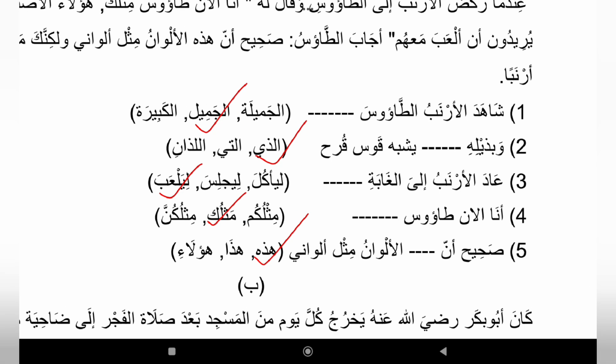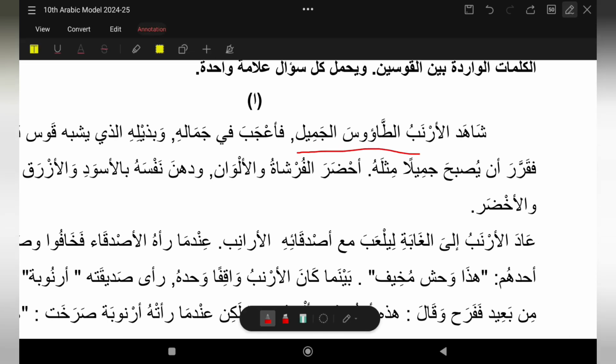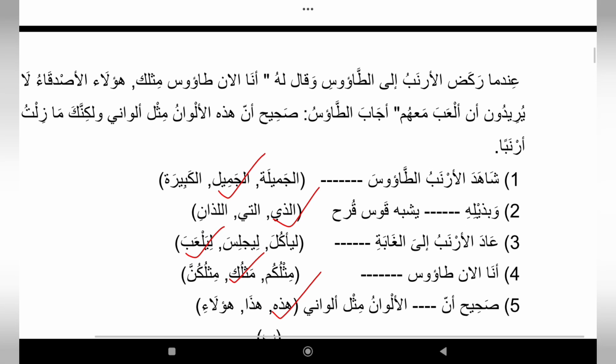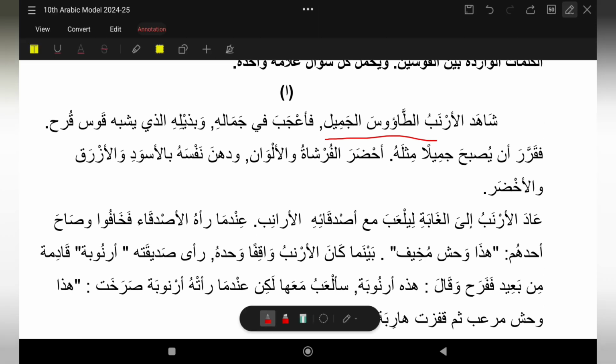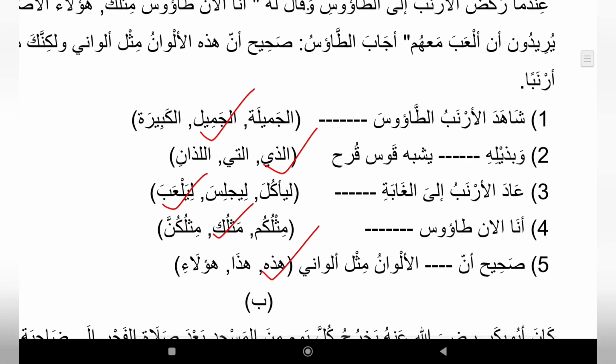Look at the questions. Shahad al arnabu at ta'usa al jamila. It's given here, at ta'usul jamil. Just select from it. Wa bidhaylihi alladhi yushbihu. Here also alladhi is given. Just read and pick the correct answer. Adal arnaba lil ghabati ila al ghabati.